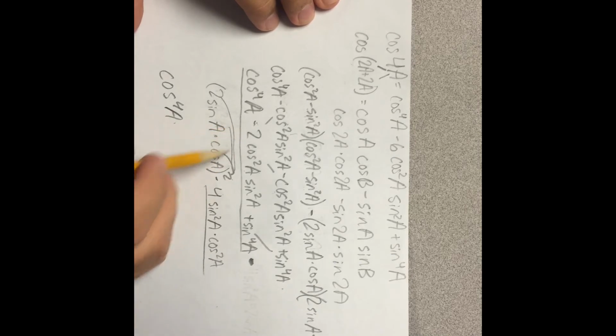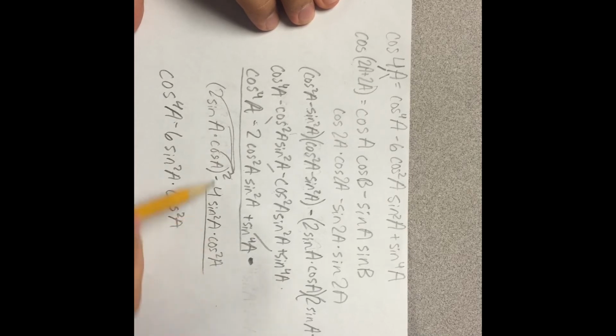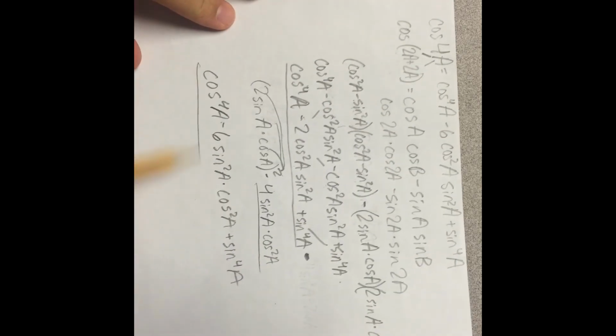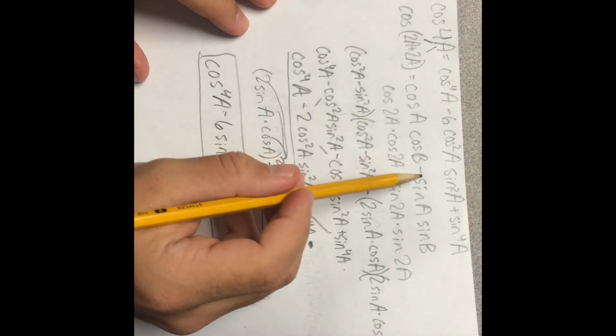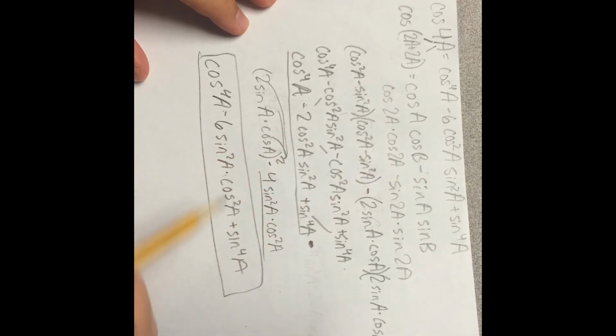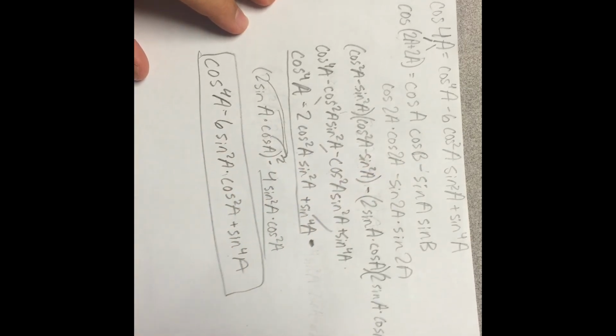So negative 2 minus 4, it's negative 6 sine squared a times cosine squared a. And that knocks out those two. So all we have left is our plus sine to the 4th a. And that is our final answer. We have proved this identity. Genius!